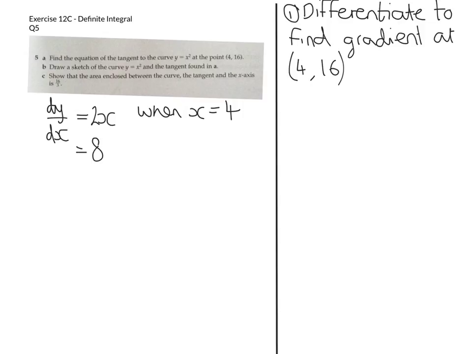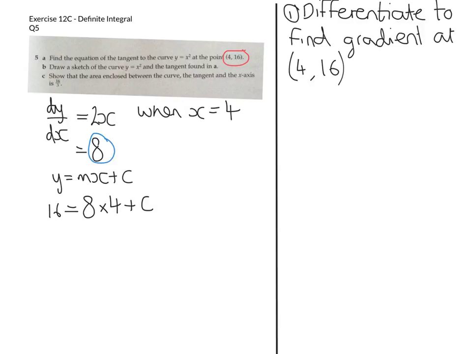So now we know we are looking for a straight line with a gradient of 8, because it's a tangent to this curve, that goes through the point 4, 16. So we can sub this into y equals mx plus c, so we know that 16 equals 8, which is the gradient which we've got from differentiating, multiplied by our x-coordinate, which is 4, plus c, which is currently unknown.